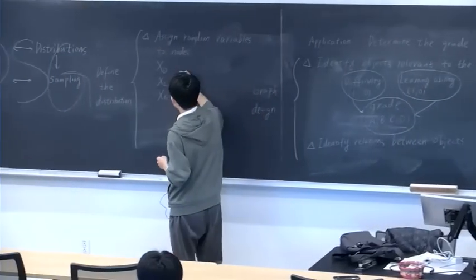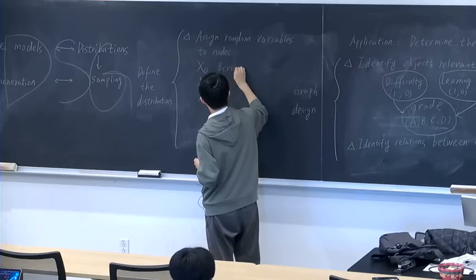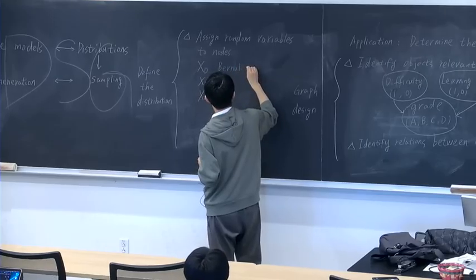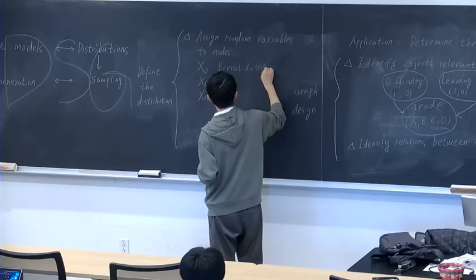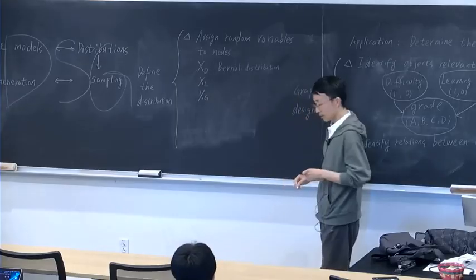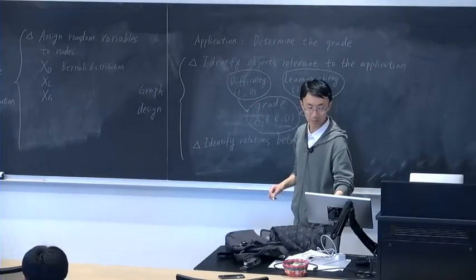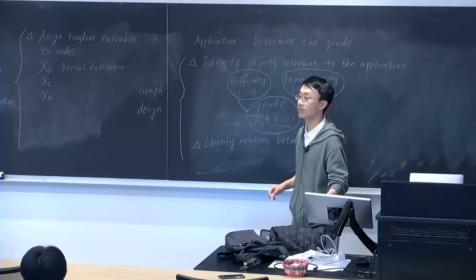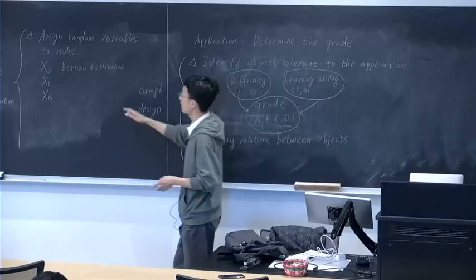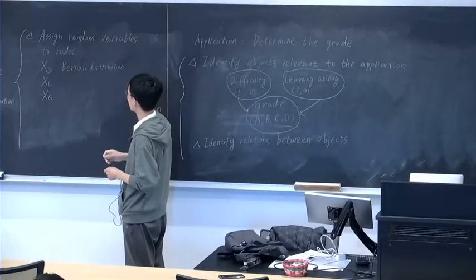There is a distribution called the Bernoulli distribution. The Bernoulli distribution is basically defined over binary variables. In our next lecture, we are going to do an overview of probability and statistics. So if you are not familiar with these distributions, do not worry. We are going to give an overview in our next lecture.